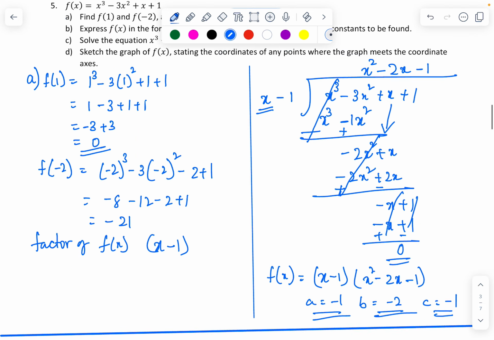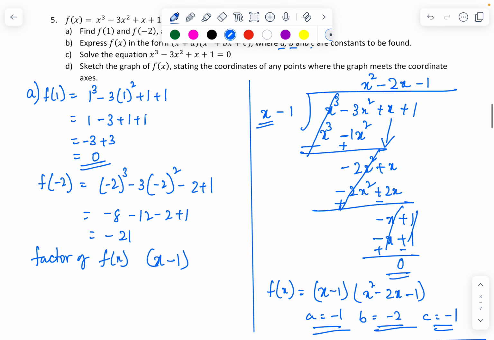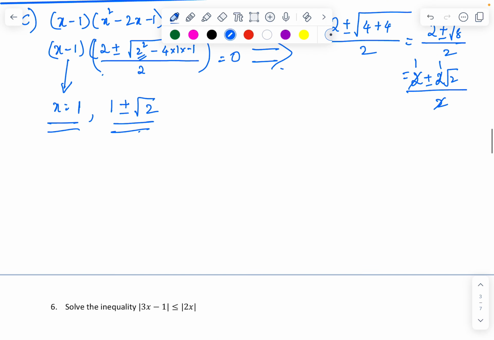Then the question said, D, hence sketch the graph of f of x stating the coordinates of any points which touch the axis. So I'm going to sketch here. Okay, so we have x equals 1.